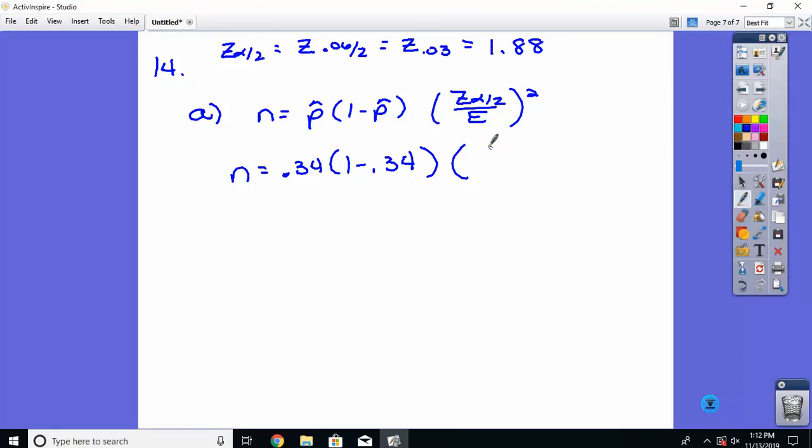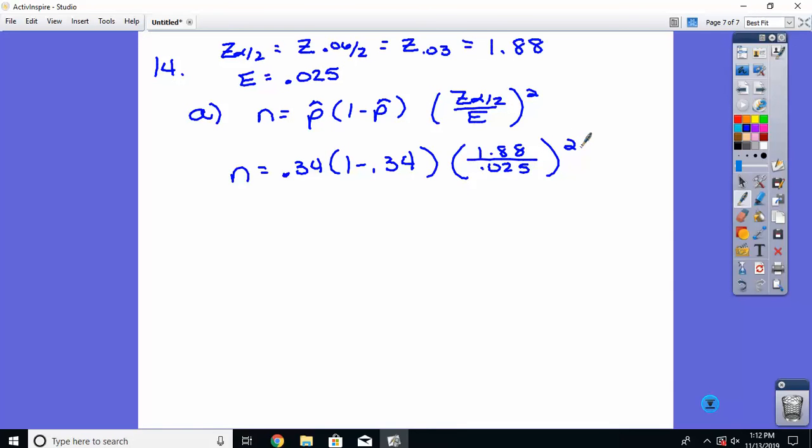So that is my Z value. What is my error? Right, I said within 2.5 percentage points, so error is 0.025.